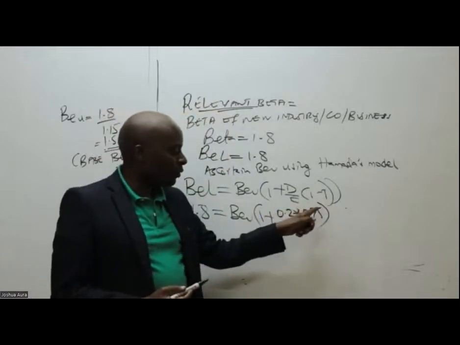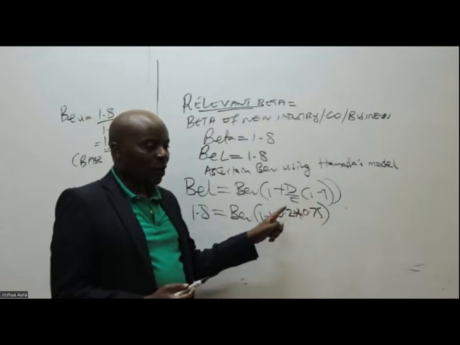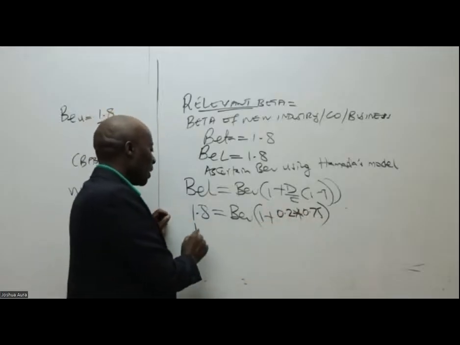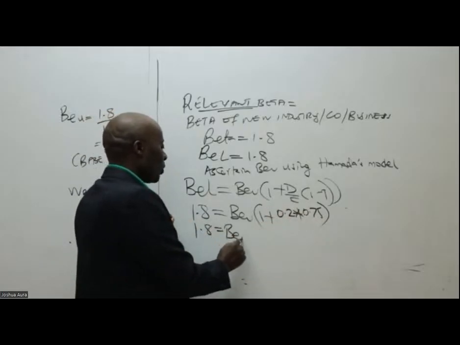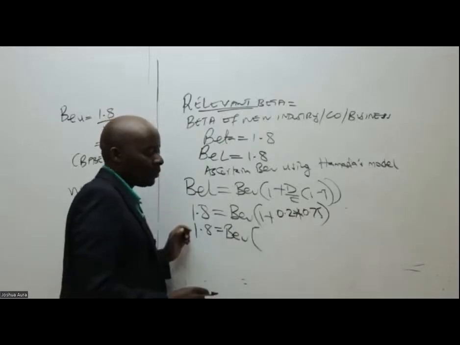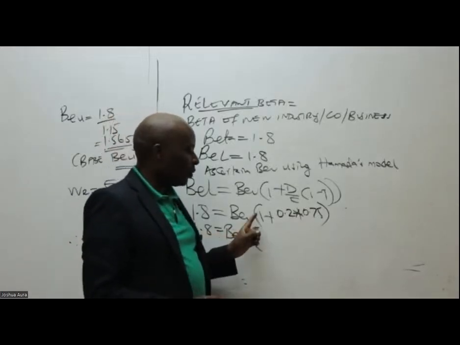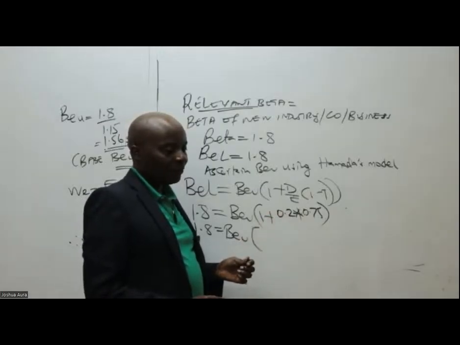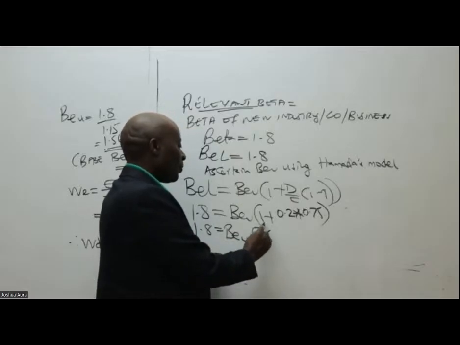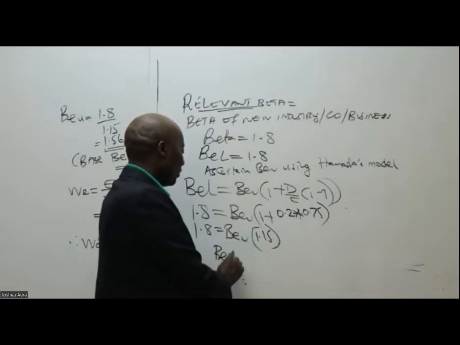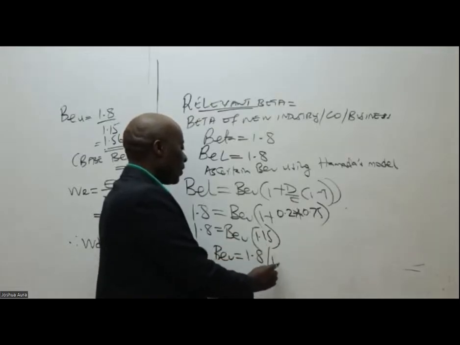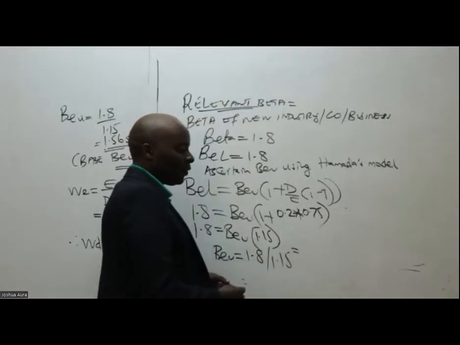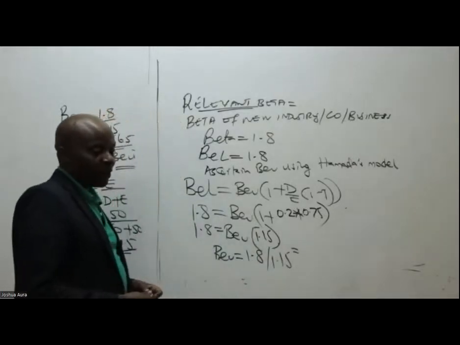Could you kindly give me what we have in brackets? 1 plus this times that. What do we have in brackets? 1.15. So if I make BEU the subject, it will be 1.8 divided by 1.15, which gives me the same answer as the one that you had obtained.